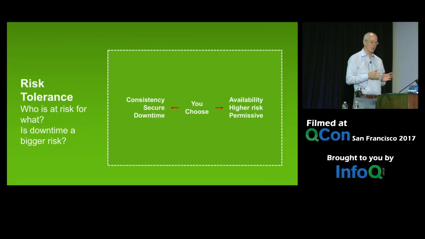Do you want consistency and security, which means you have to be able to stop if you can't guarantee. This is kind of the CAP theorem, basically. If you can't guarantee the state of something, the only safe thing you can do is just stop the system, and that's downtime. And that might be the right thing to do if your mistake could cause $1 trillion to go to the wrong place or something, right?